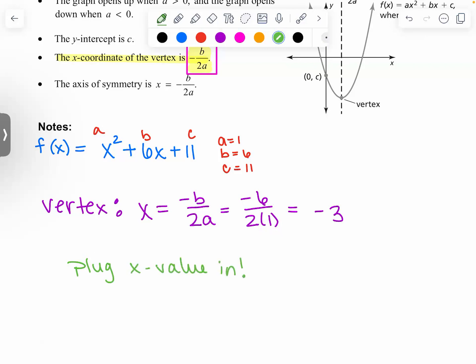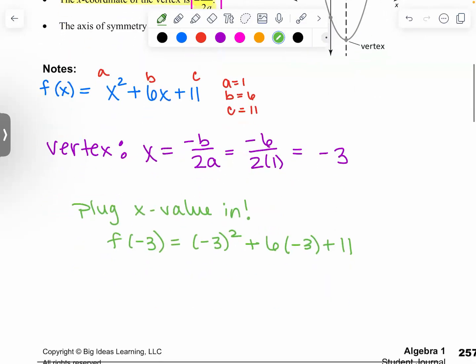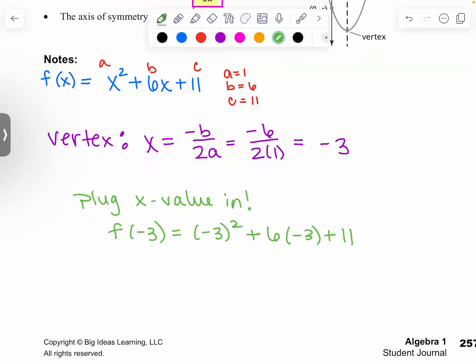So we need to find f of negative 3. We need to plug negative 3 into x squared plus 6x plus 11, so we know what the y value is.